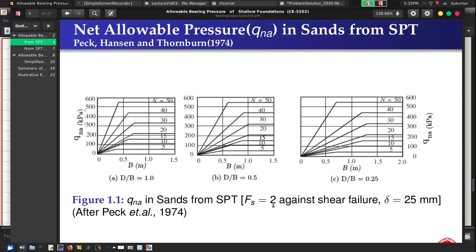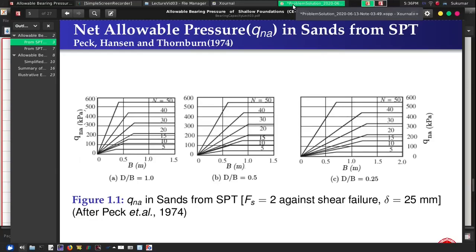Okay, and for a least width of the foundation, which will be economic for us, we can assume D_F by B equal to 1, and then I will get for the N value of 15, the approximate value of Q is about 150 kilonewton per meter square or kilopascal.